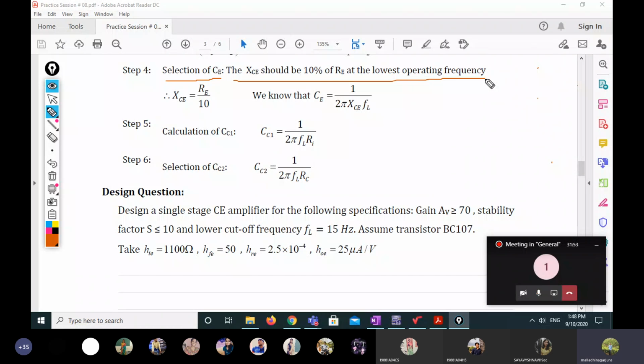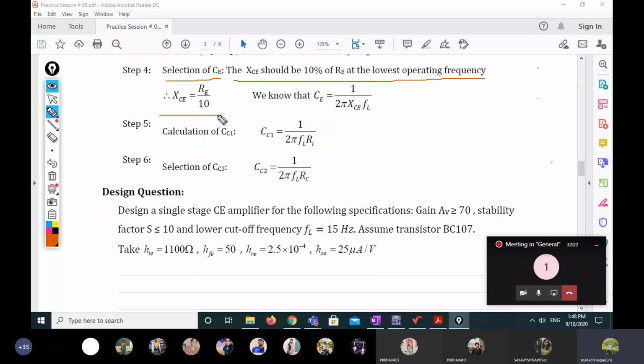That low reactance is Xc equal to Re by 10. That means we take the capacitor value which offers 10% of Re as impedance. So the bypass capacitor should offer low reactance to Re. Low means how much? That is 10% of Re, Xc equal to Re by 10.